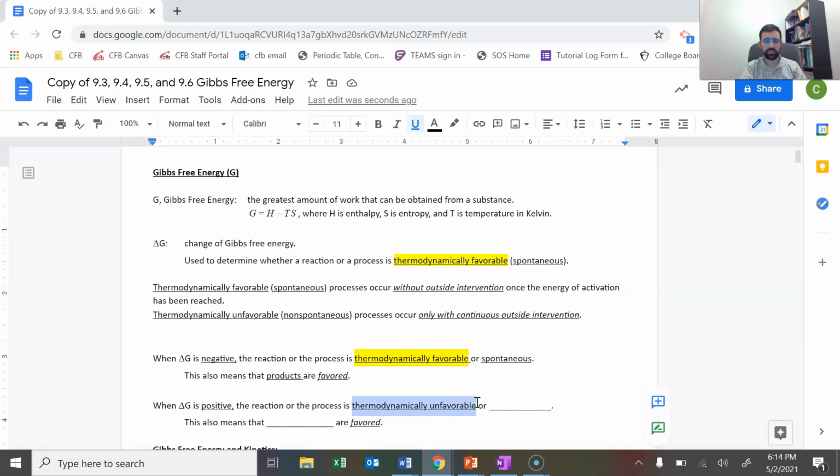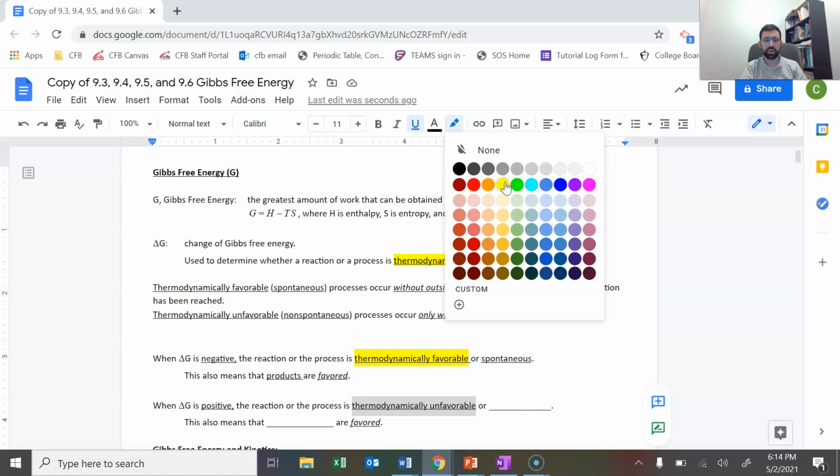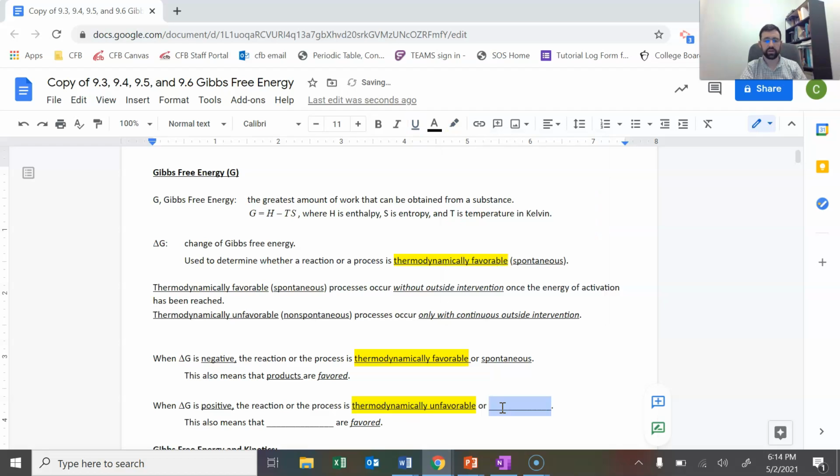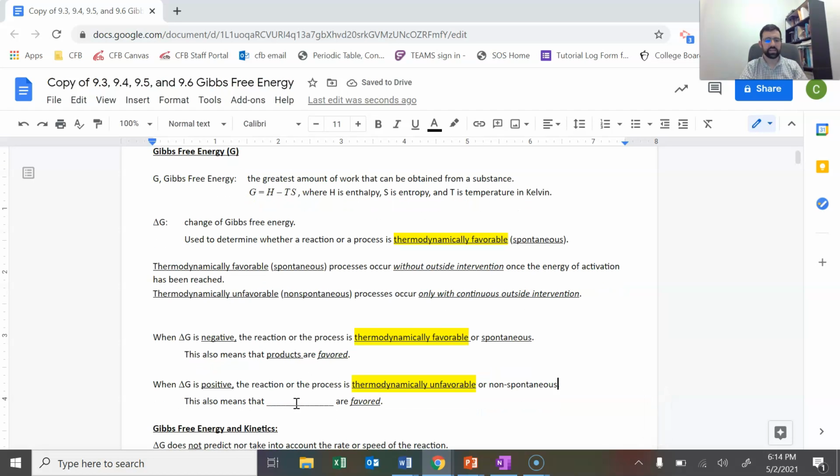Thermodynamically unfavorable is the main phrase we want to use. You might also hear non-spontaneous. That means that the reactants are favored. So the reaction going forward doesn't tend to happen. The reactants are the ones that are favored.